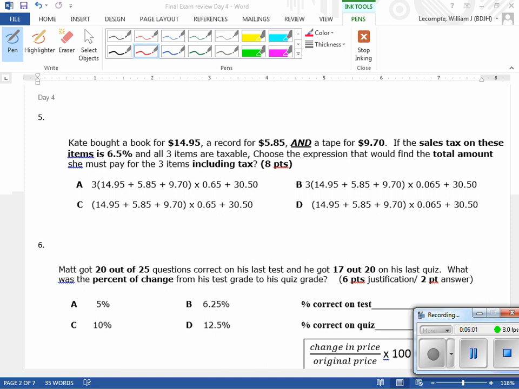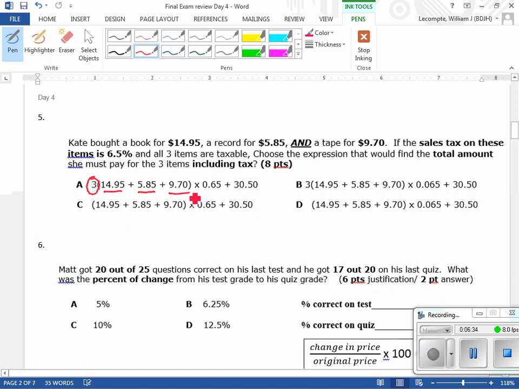Kate bought a book for $14.95, a record for $5.85, and a tape for $9.70. If the sales tax on these items is 6.5% and all 3 items were taxable, choose the expression that would find the total amount she must pay for the 3 items. Alright, so let's look at letter A. Alright, so if I do this, I'm actually buying 3 of these, 3 of these, and 3 of these.